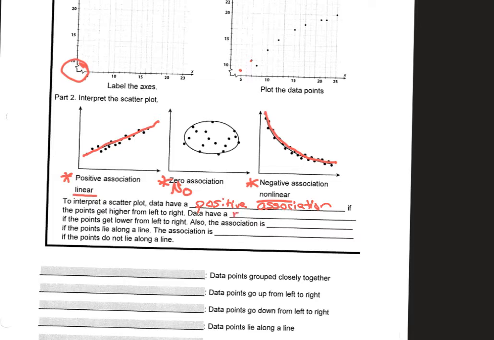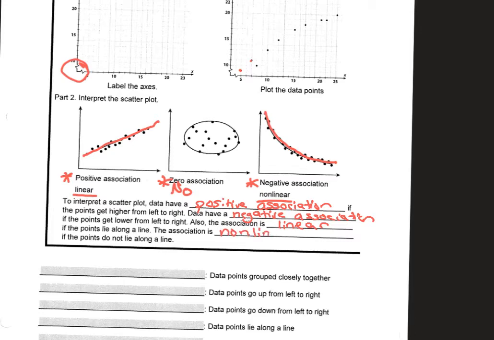That would be negative. They're going down, it's negative association. Also, the association, if the points lie along a line, would be linear. The association is nonlinear if they do not lie along a line.